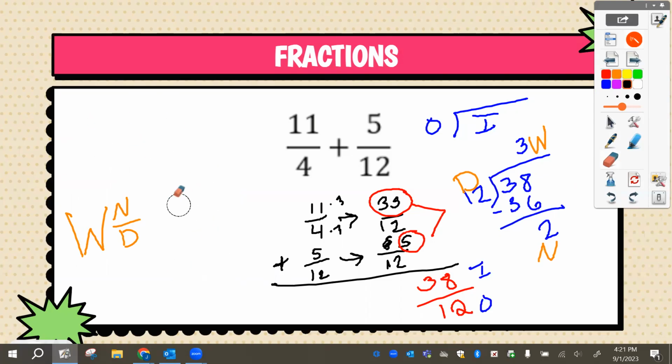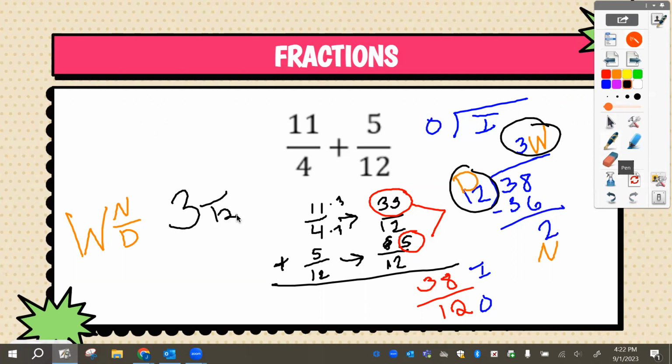All right, I'm going to clear up a little space for us. So now we just write our fraction the way we see it. We divide numbers. So I get 3 and 2/12.